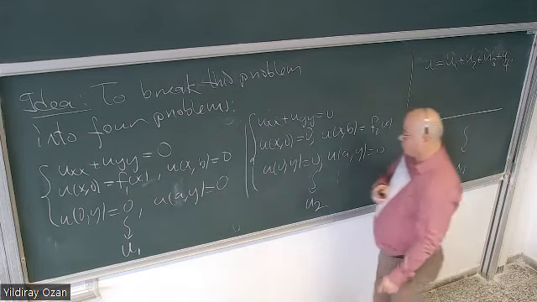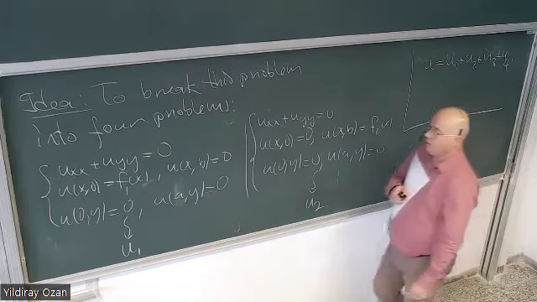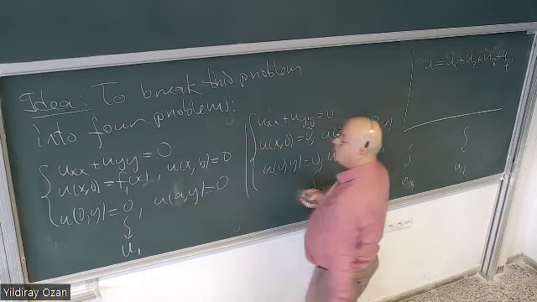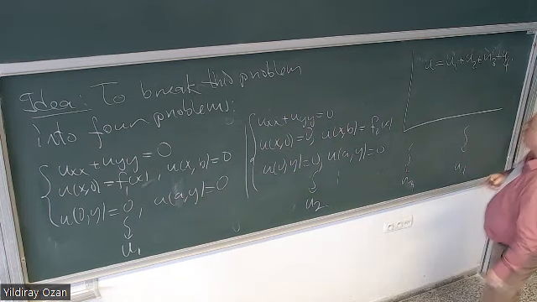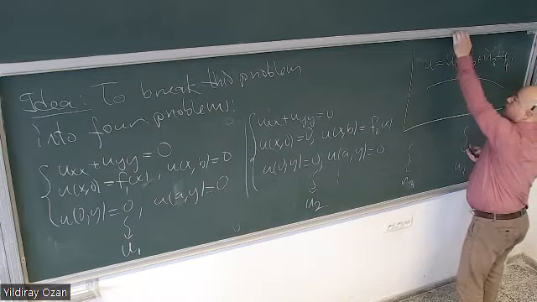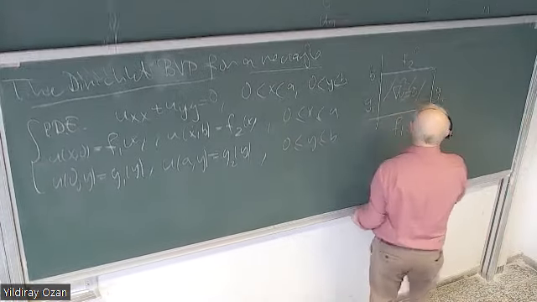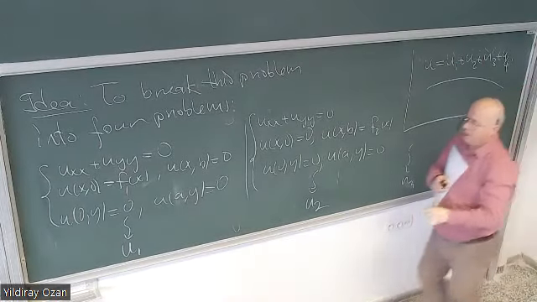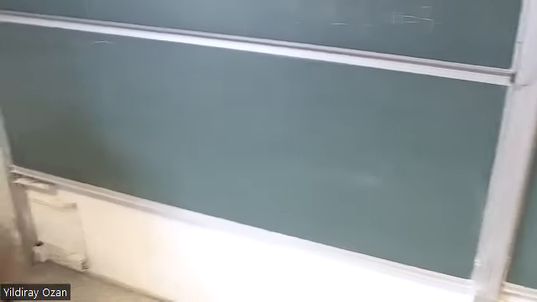We call the solutions U1, U2, U3, and U4. Okay, each time we just pick one of them, and it will be non-zero, the others will be 0. And the solution of our original problem will be just the sum of these solutions. Now let me just solve one example.